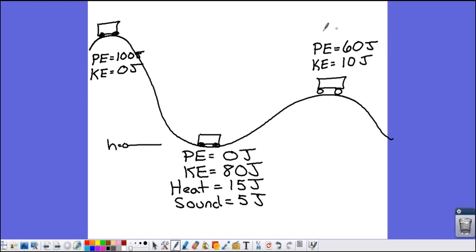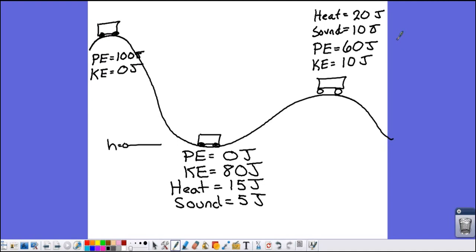So now I've got 30 joules left, and that's going to be divided among the heat and the sound. So maybe I've got 20 joules of heat and 10 joules of sound. And again, this is going to add up to a total of 100 joules because energy is conserved.